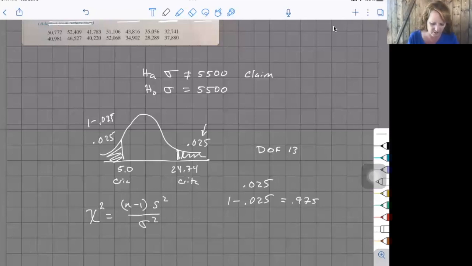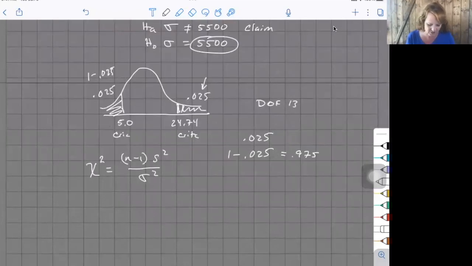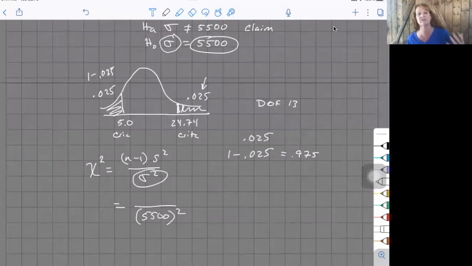So when you go to plug this 550 in for your population down here, you actually have to square it this time, because this is just sigma and we want sigma squared. Now, when it was the variance, it was already squared, so we didn't have to square it again, okay? So that's something that you need to pay attention to. Standard deviation, square the number. Variance, don't square it. My n minus 1 is 13.